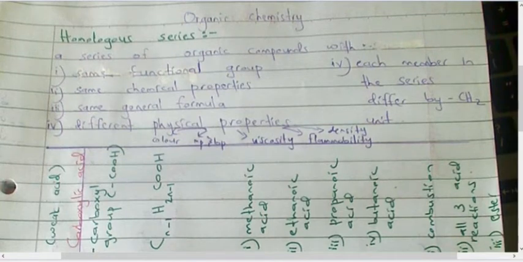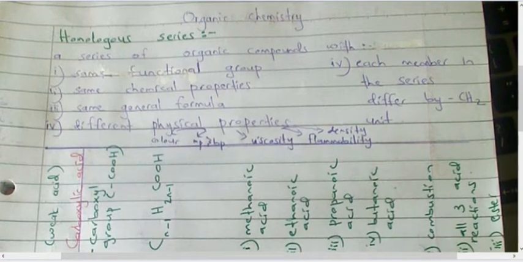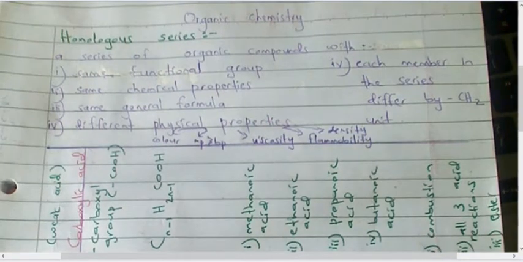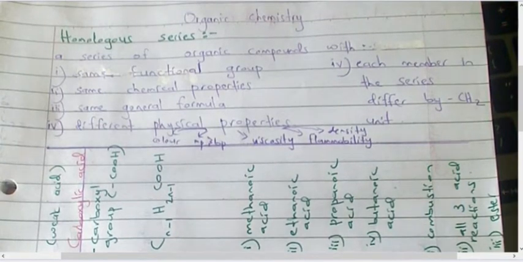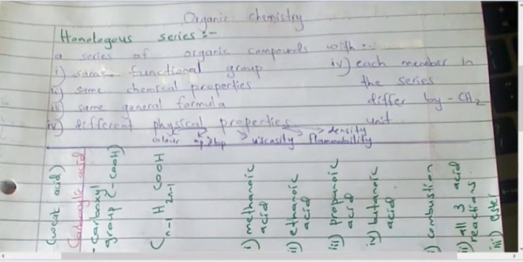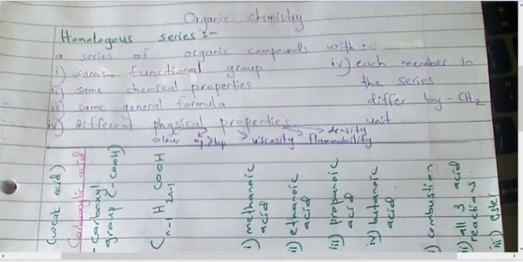Each homologous series will have the same functional group, same chemical properties, same general formula, different physical properties, and each member in the series differs by a CH2 unit. It's okay if you didn't understand this at this point, but I will explain to you in detail later.